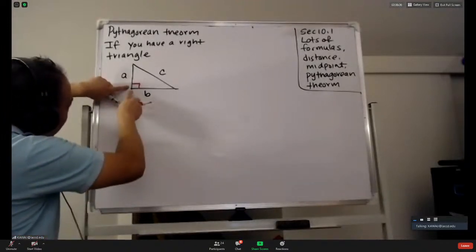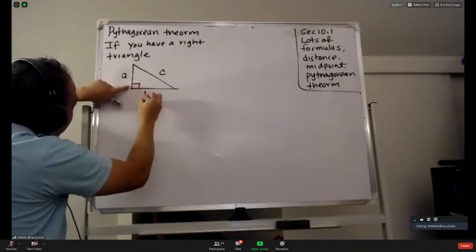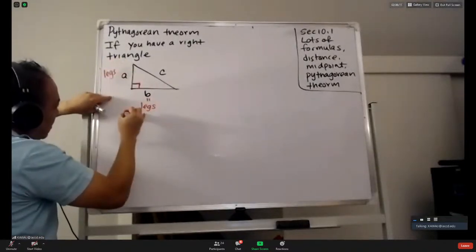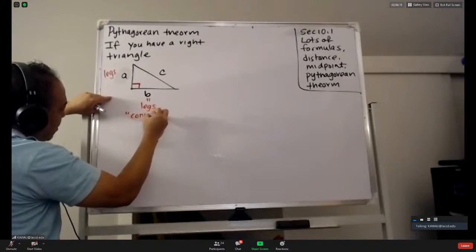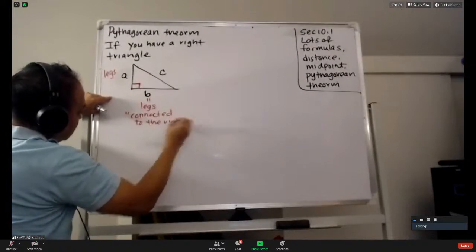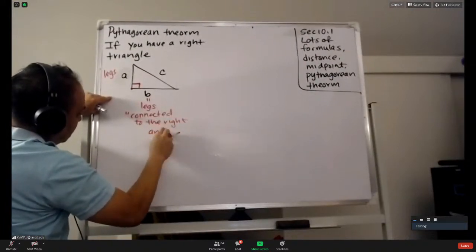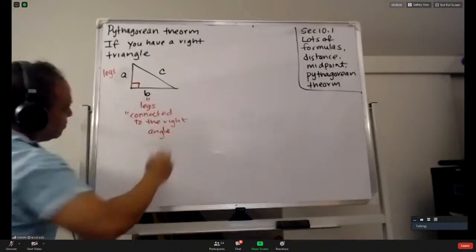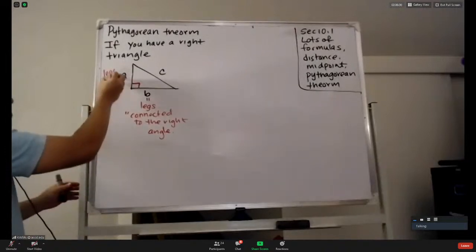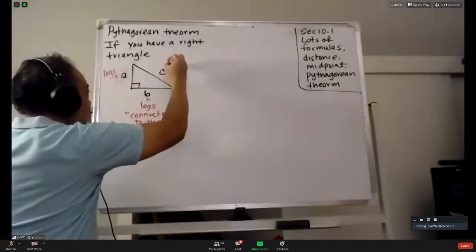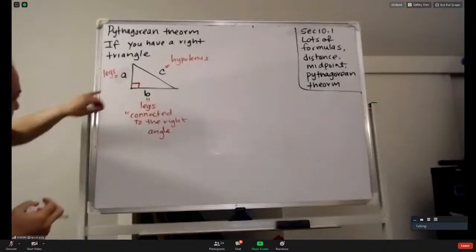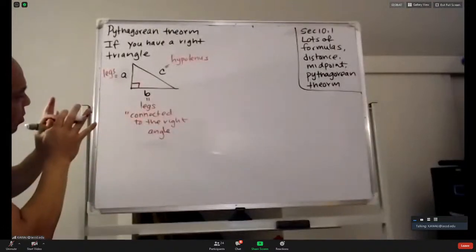Okay. So this is the right angle over here. Now, the sides that are connected to the right angle are called legs. They're connected to the right angle. Over here, this is the hypotenuse. Now, A, B, and C are all lengths.